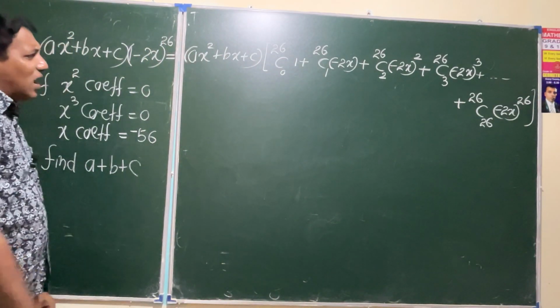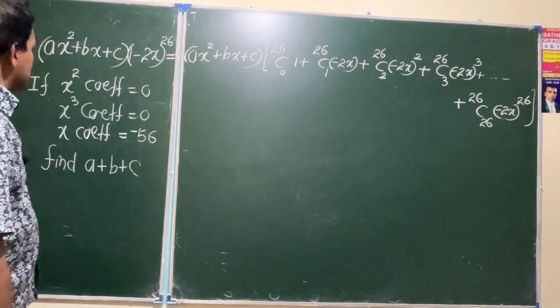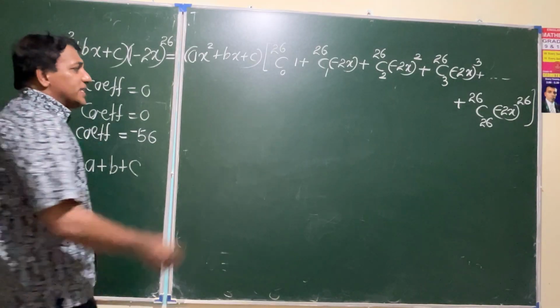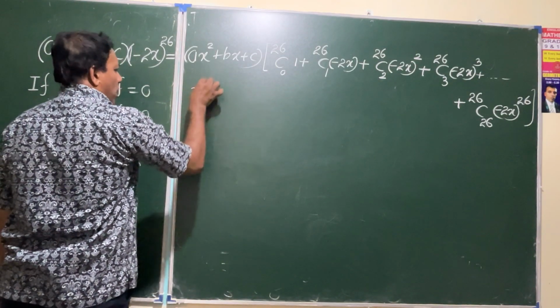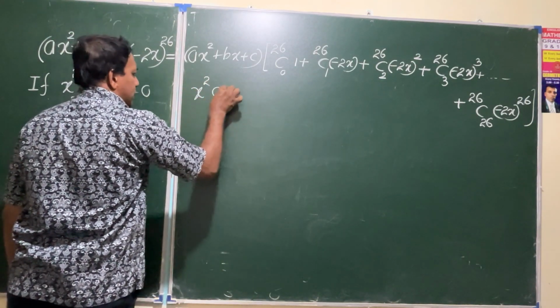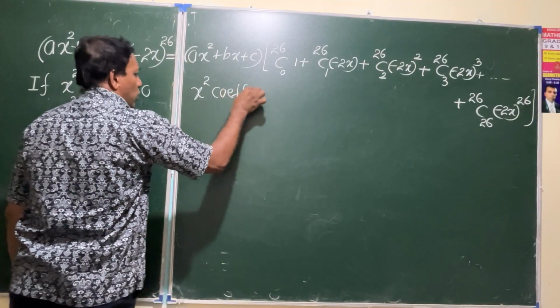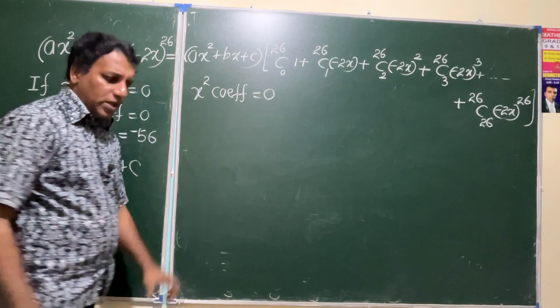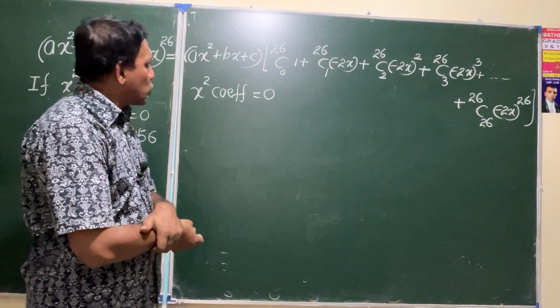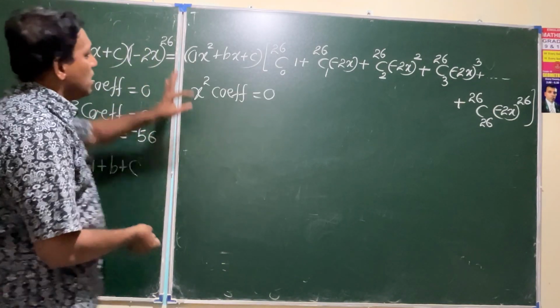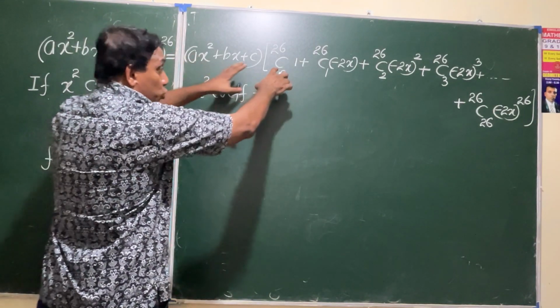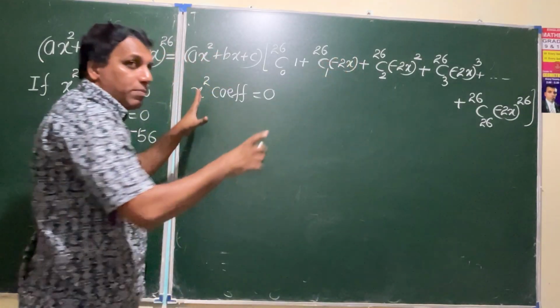Okay, now we come to the answer. See how the x² coefficient is 0. Given that the x² coefficient is 0, can you try finding the x² coefficient here? If you multiply, there are 27 terms available.